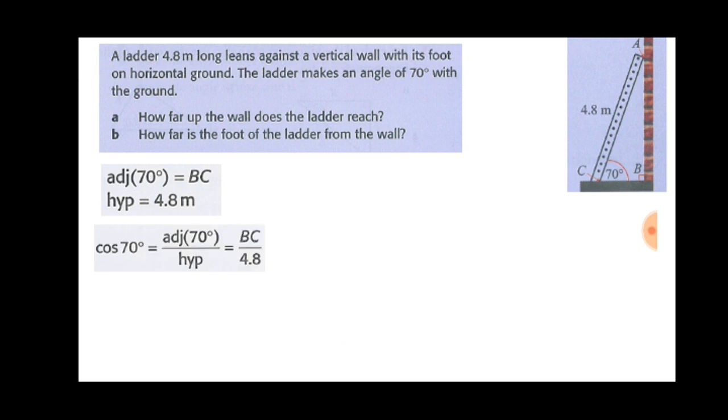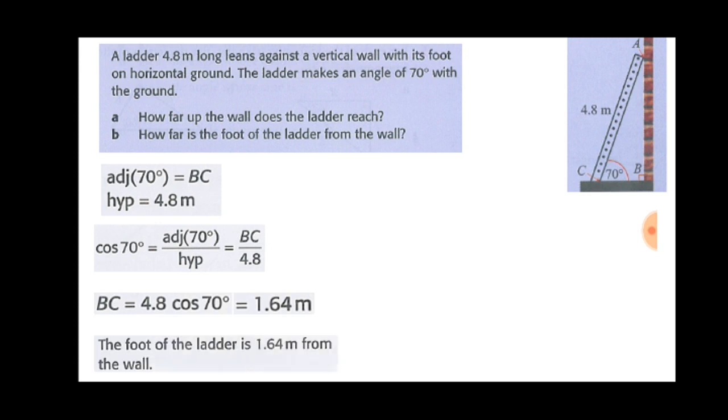Cosine of 70 degrees is equal to adjacent of 70 degrees over hypotenuse, which is equal to BC over 4.8. To find BC, we need to multiply with 4.8 on both sides. So BC is equal to 4.8 times cos 70 degrees. Using the calculator, its value will be 1.64 meters. The foot of the ladder is 1.64 meters from the wall.